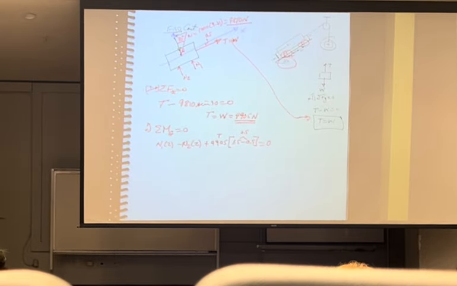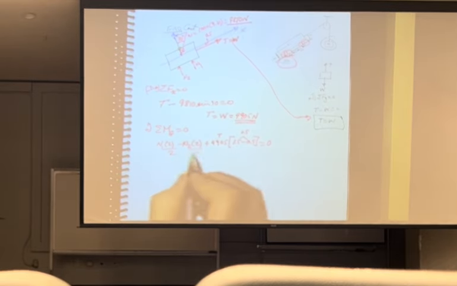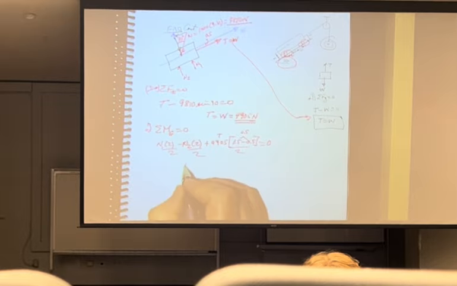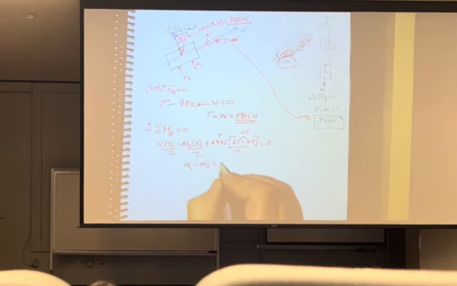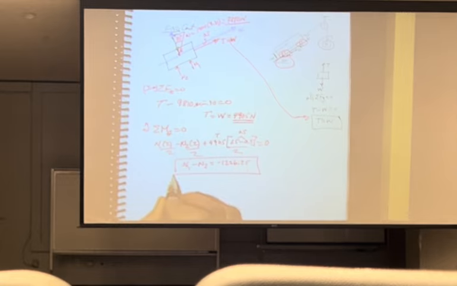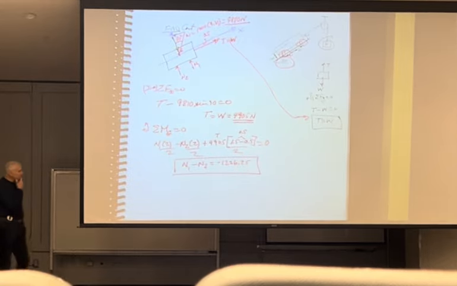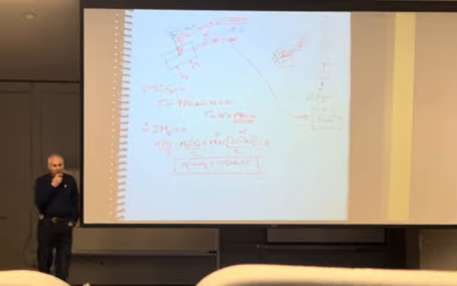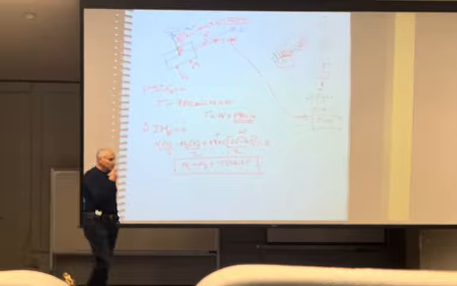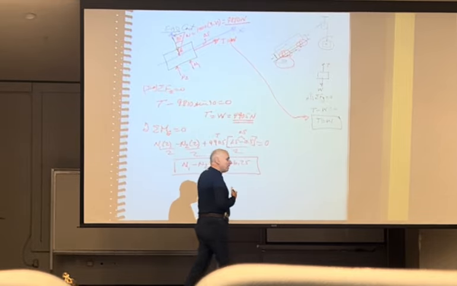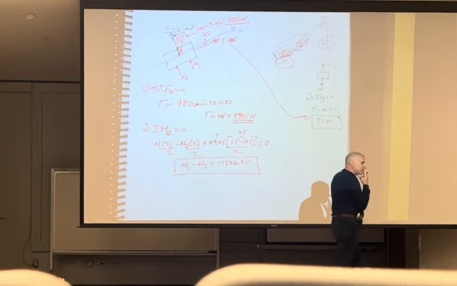If I divide everything by 2, I'll get N1 minus N2 is equal to minus 1226.25. Whoa. This is where my moment did not give me an answer. I'm screwed.